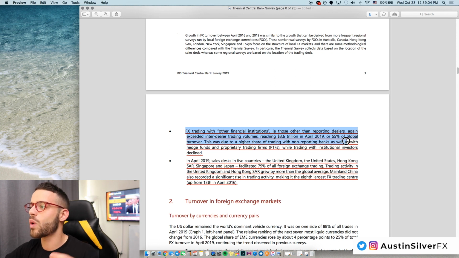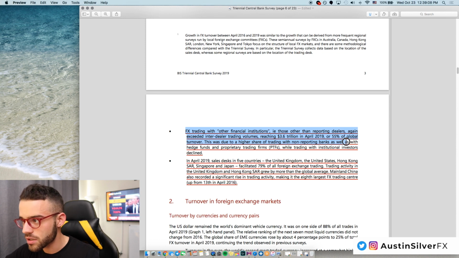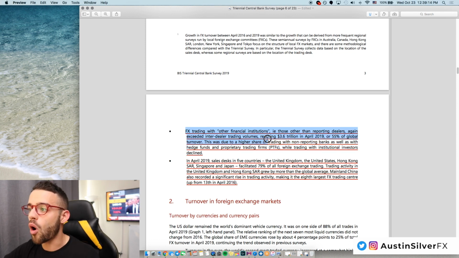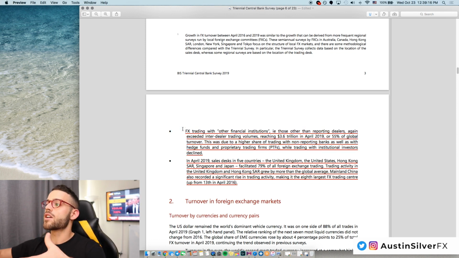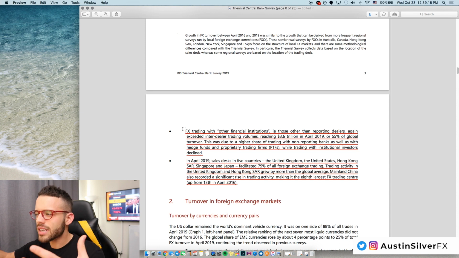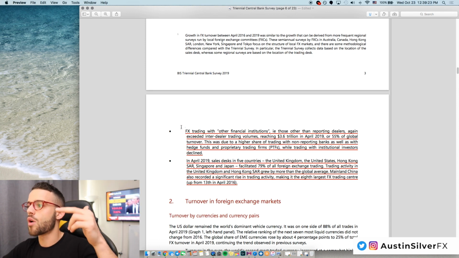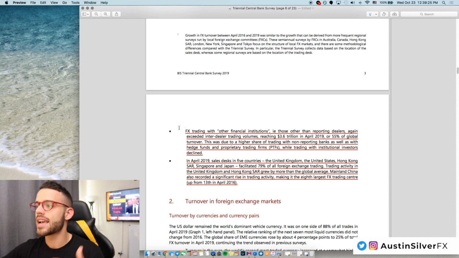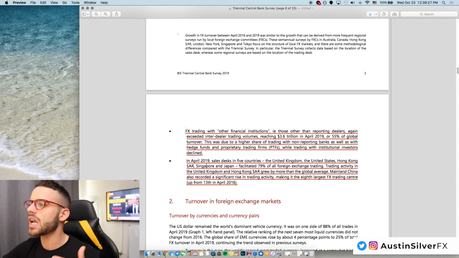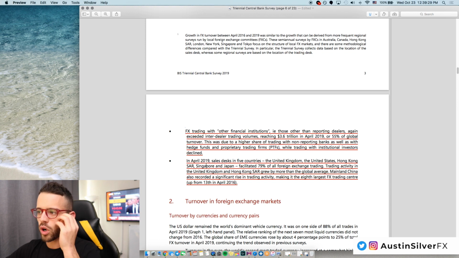Now it says this was due to a higher share of trading with non-reporting banks as well as hedge funds and proprietary trading firms, while trading with institutional investors went down. So it's saying that of all the global market share, you had these institutional guys decreasing their market share, and more hedge funds, more proprietary funds, more people like you and me getting into the market.